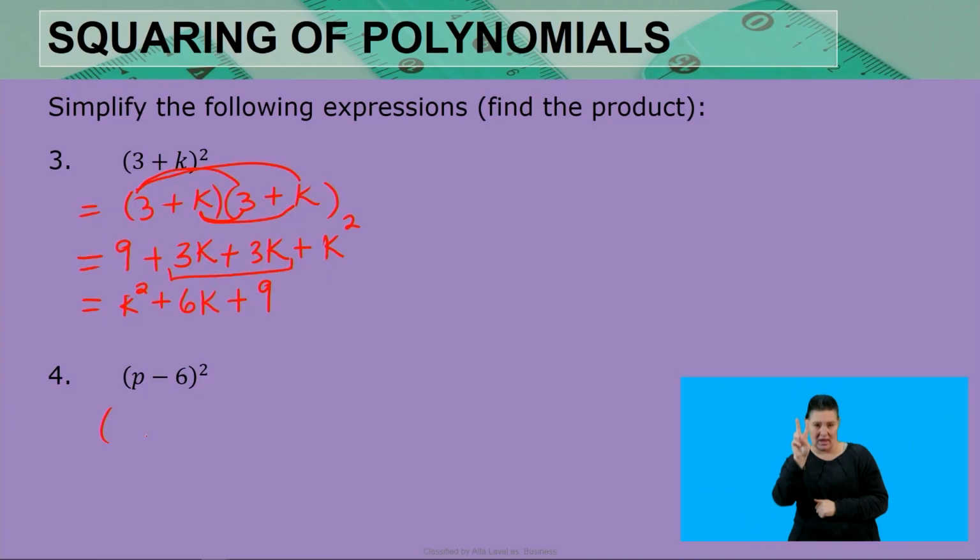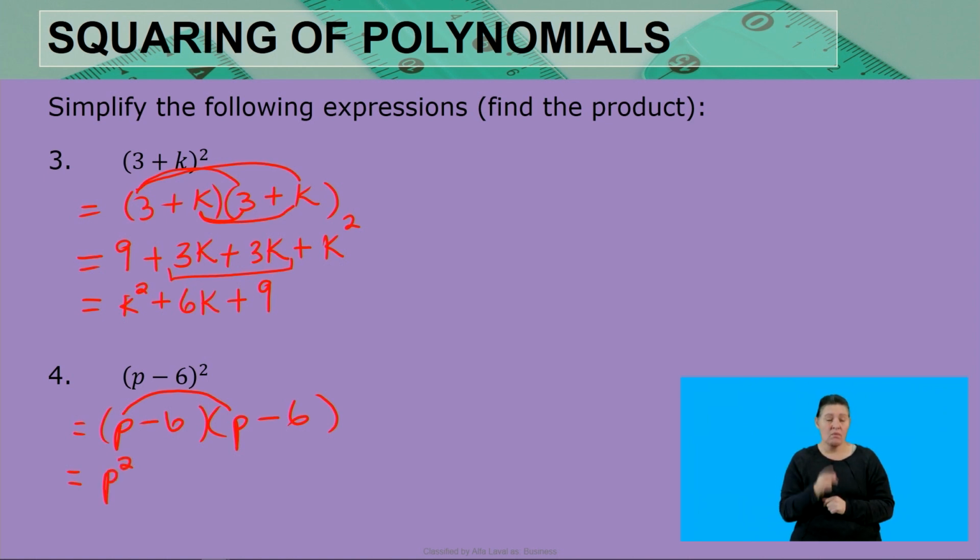The last one here is going to be p minus 6. Again, we are going to write out this expression twice, p minus 6, p minus 6. Let us multiply. So what is p multiplied by p? That is going to be p squared. We are subtracting, then we're going to say p multiplied by 6.